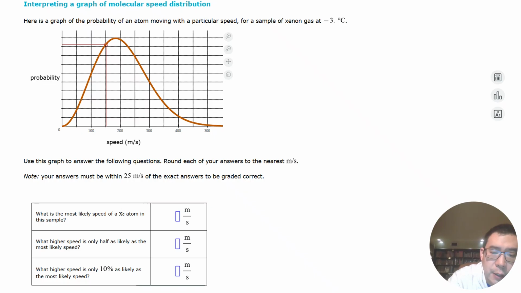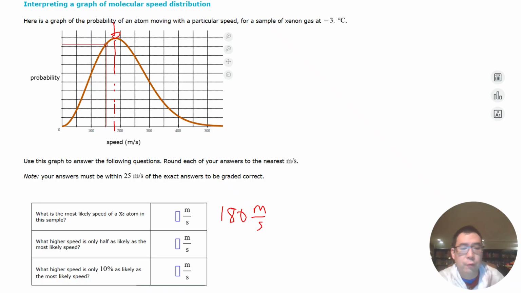So the most likely speed is going to be the speed at the peak. And so we just read down, and it's about 175, 180 meters per second. And Alex will give you a little range that you can fall in, because of course it's not right on the line. You have to estimate.